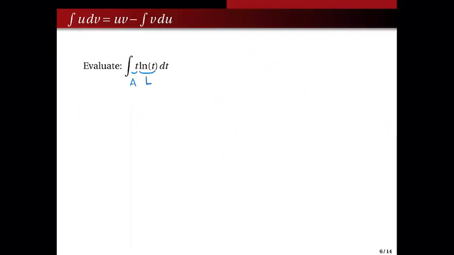Therefore, we expect to use u equals ln of t. And dv, that's the other function, t dt. Again, du, that's 1 over t dt, while v, this is t squared over 2.